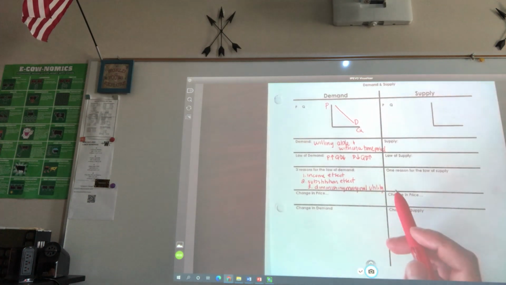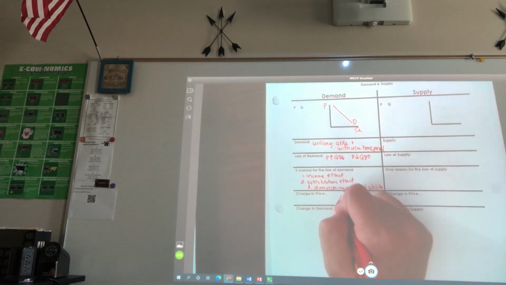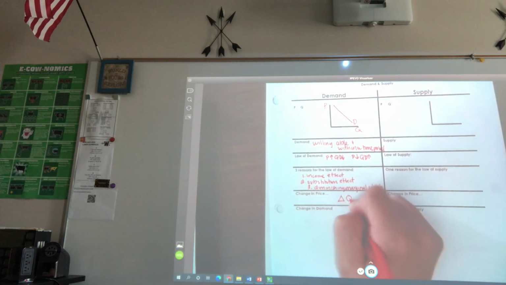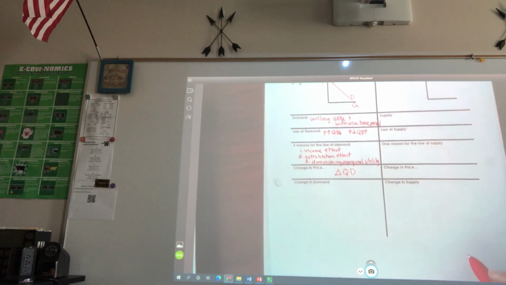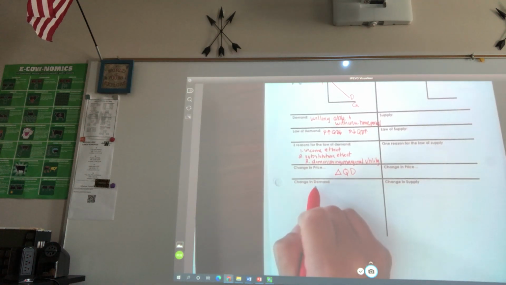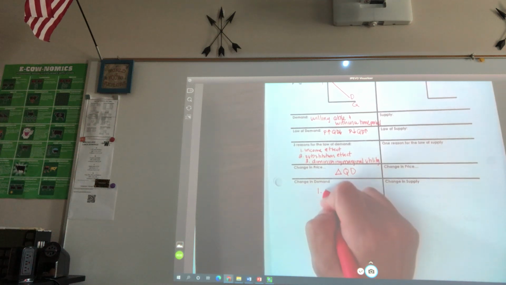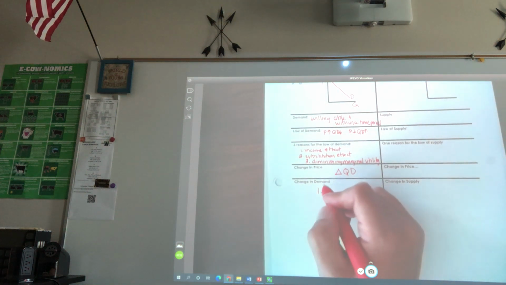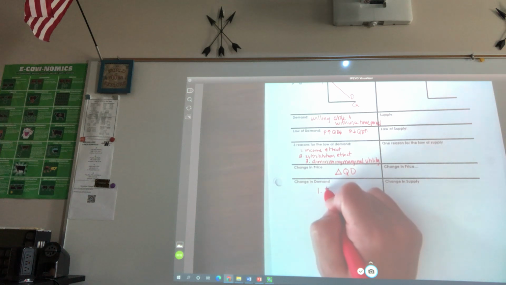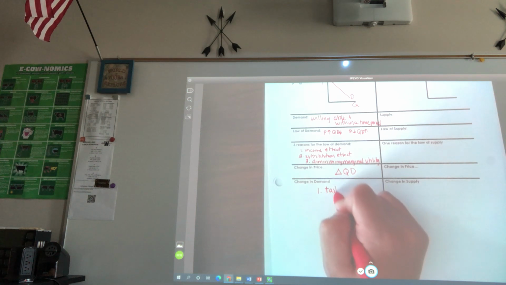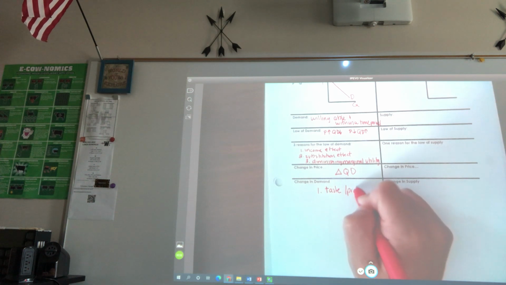Okay, so when there is a change in price, we have a change in quantity demanded. What changes our demand? There are 5 reasons. Well, let's look at the acronym. Taste or preference.